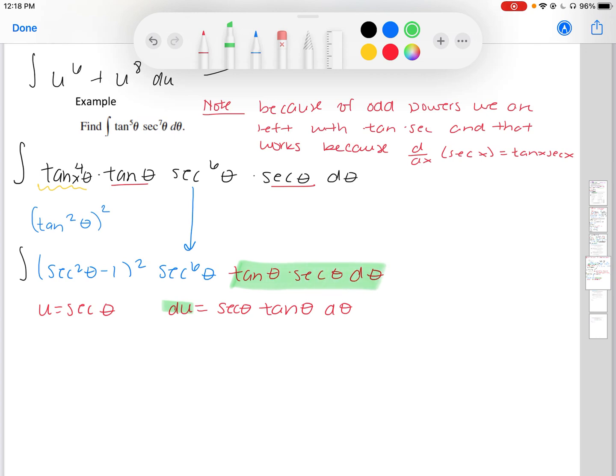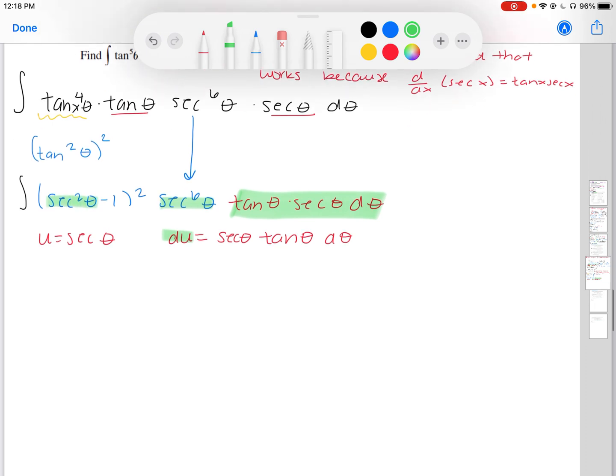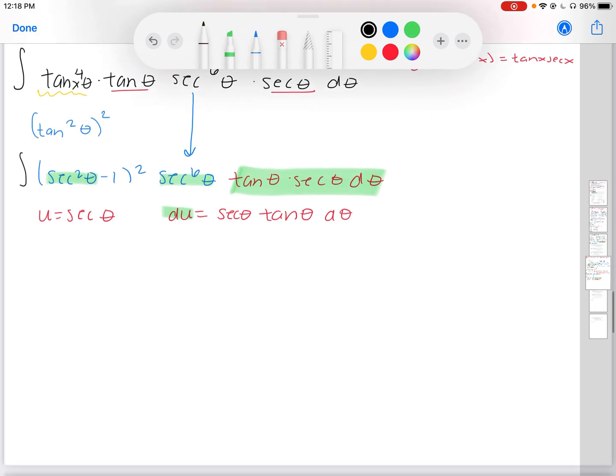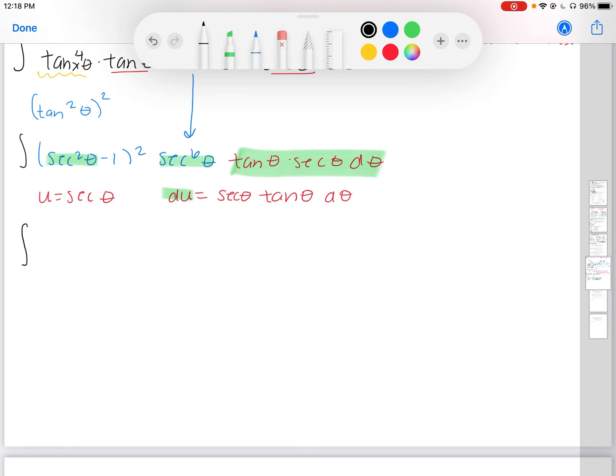We can replace everything with u. We're going to have u to the 6th power and u squared. So we can make that replacement, and we're left with u to the 4th power minus 2u squared plus 1 times u to the 6th power, and all that other stuff turns into du.